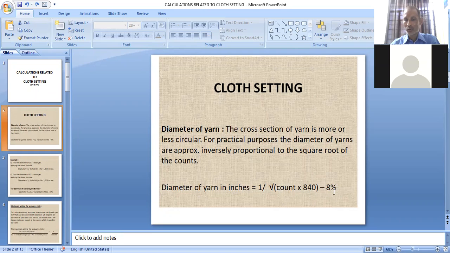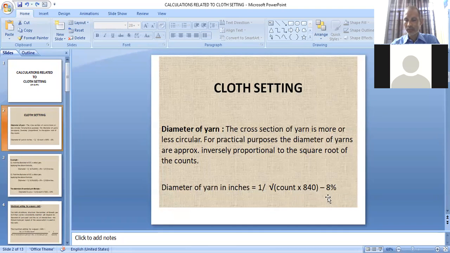This is an allowance used for different yarns produced by different spinning machines and different materials. That's why here we are taking cotton yarn with the English cotton count system. So 8% is the constant we are using for that. So 1 upon square root of count into 840, and then 8%.